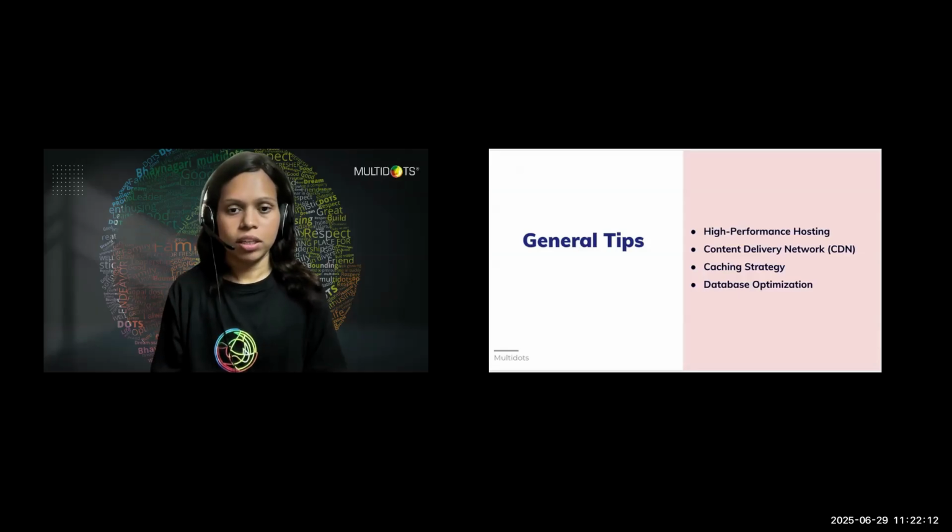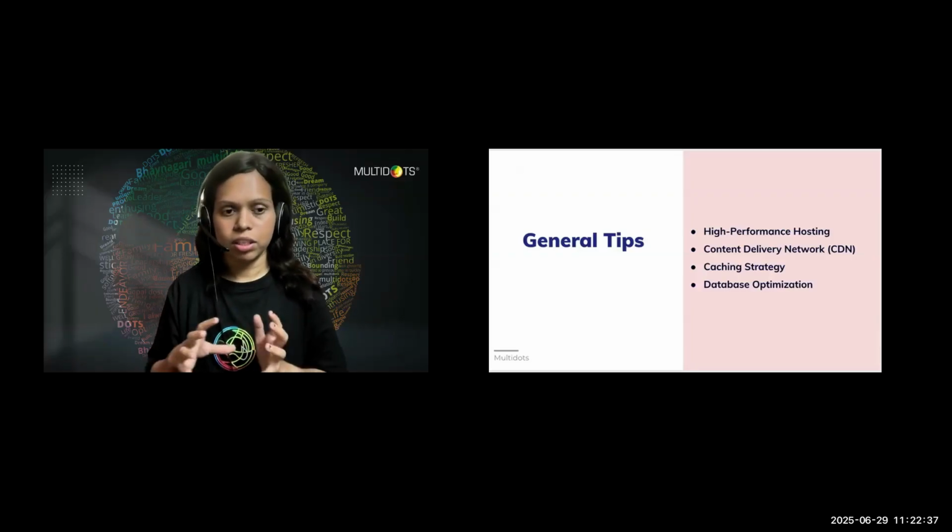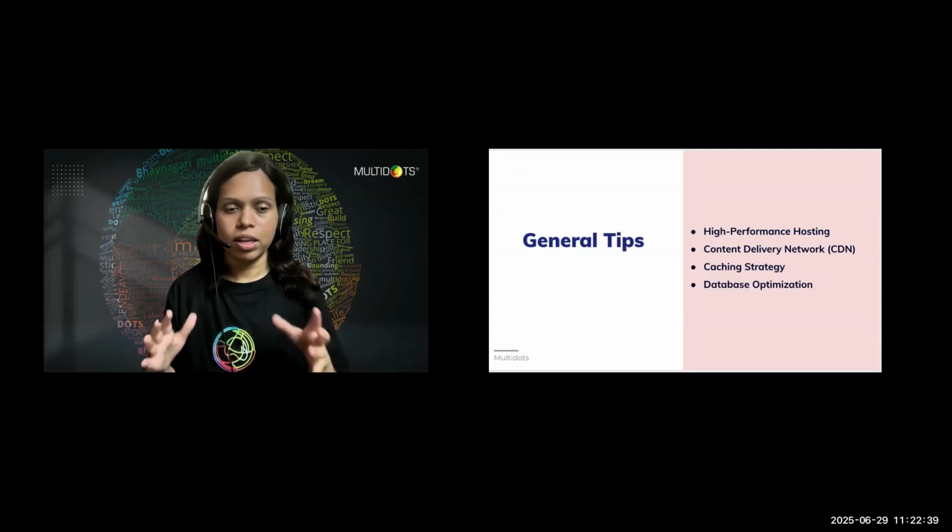A caching strategy we can implement on the website: browser caching, object cache, Redis cache. Now, how does it help? For each website request, whenever any user visits your website or any other web page, it sends a request to your server. The header gets built, the content gets built, the footer gets built, and then the entire website gets loaded.